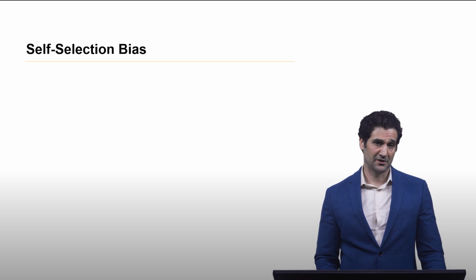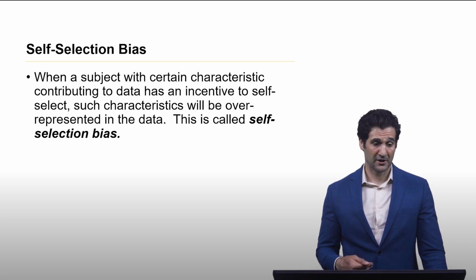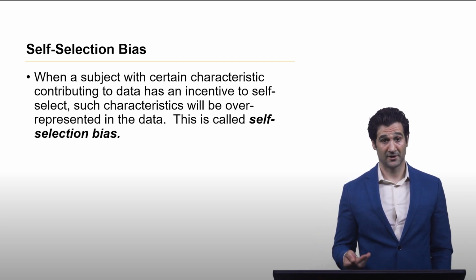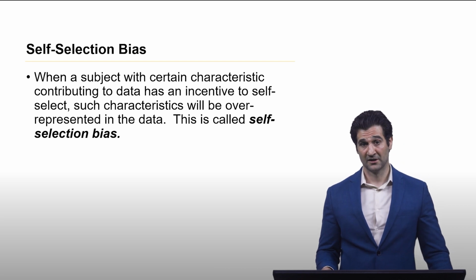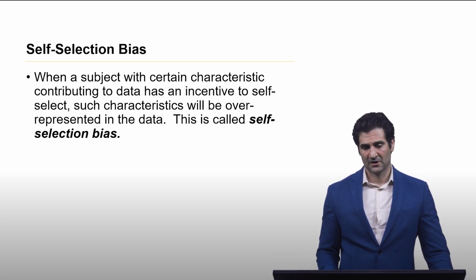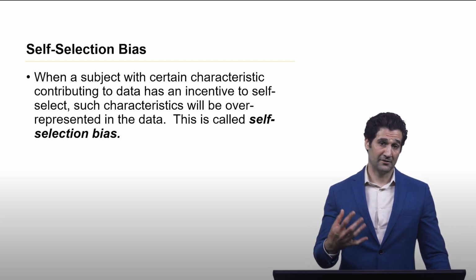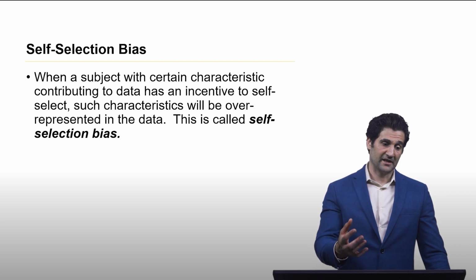Self-selection bias. This one is really common, especially in things like political surveys, where the people who volunteer to give information used in a particular data set are doing so because they're motivated for some other reason. And if people are motivated for some underlying reason, then that data set will become conditioned on that reason.